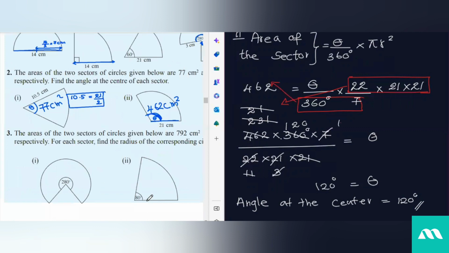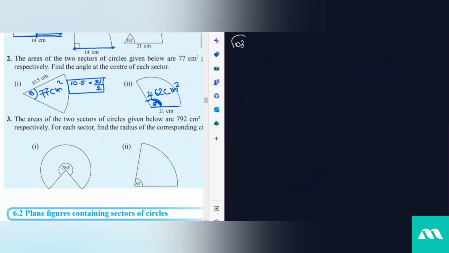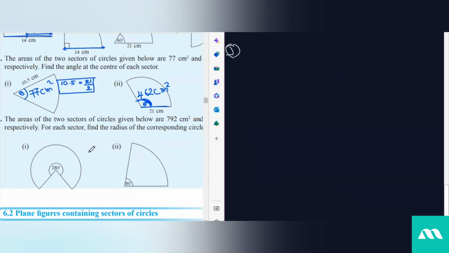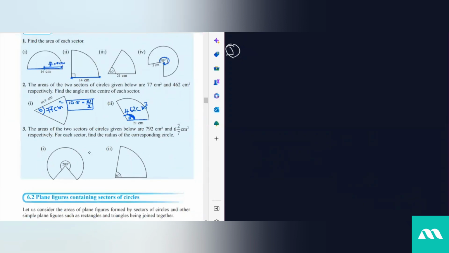Now let's move to the third question, and the first part of the third question. Let's see what they have given. The areas of the two sectors of circles given below are 792 and 6 and 2 upon 7 square centimeters.